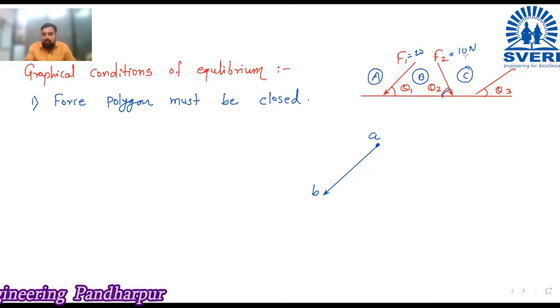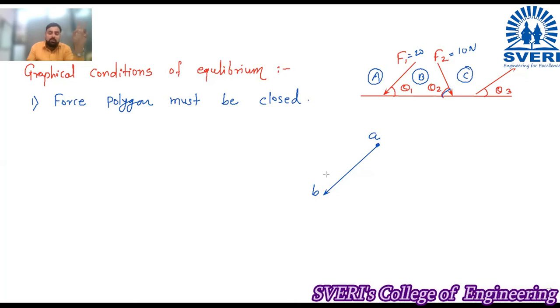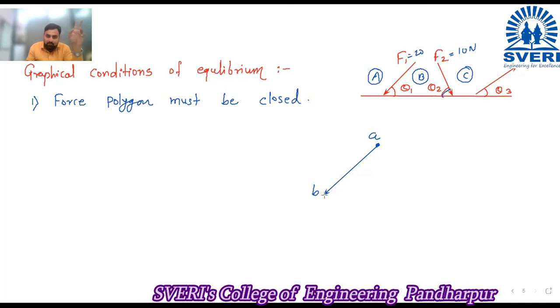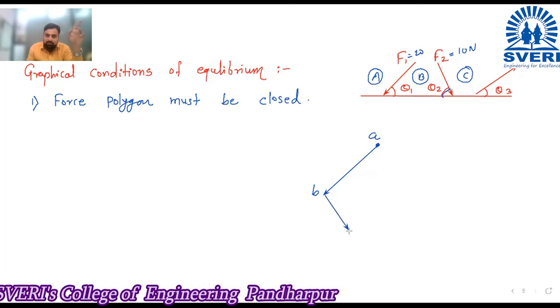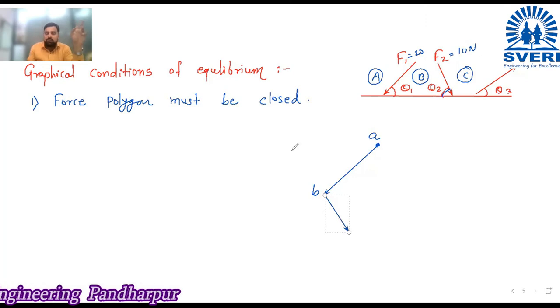My scale is 1 centimeter equal to 5 Newton. So 10 Newton means it is 2 centimeter. So from point B in this direction only, I will draw one line, which is parallel to this F2, and I will call this point C.